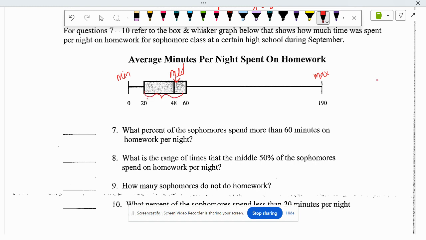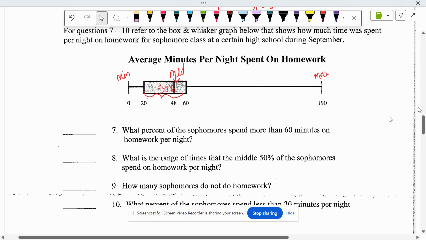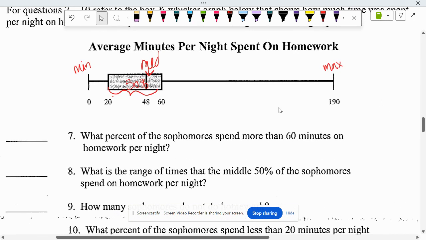So inside the box is 50%. I see some of you raising your hands. Ashton, what do you want to share? Q1 is 20. Good job, Ashton. Anybody else? Gianna. The two sides are 25%. The whiskers? Yeah. Is that what you're talking about? Yep. Keep going. And Q3 is 60. Awesome.